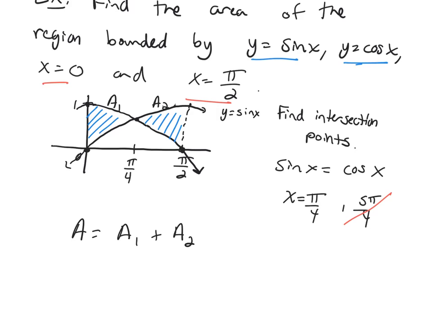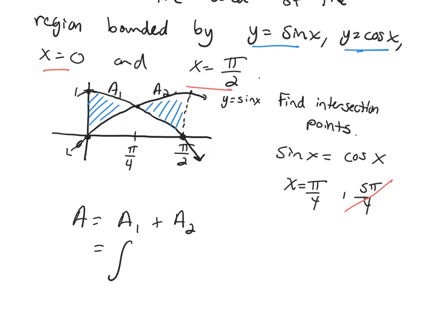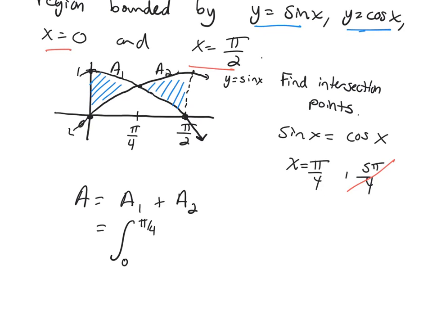And then we'll write down our first region. What are my bounds on x for my first one? 0, and then pi over 4. And now I've got to figure out which function's on top in that first region. I didn't label it.